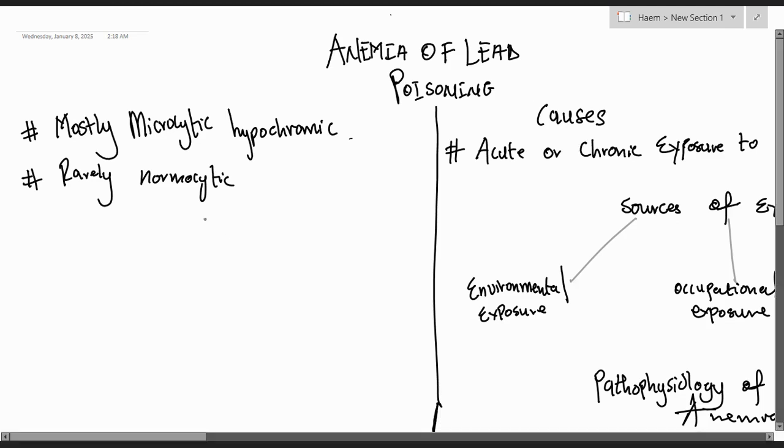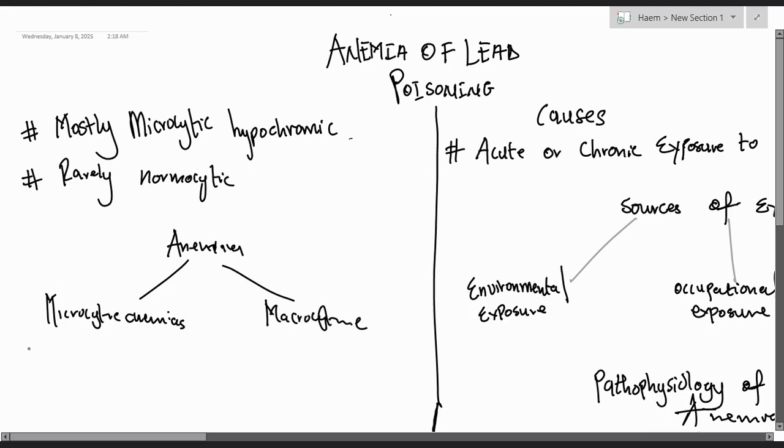So in our previous lecture, we said anemia can be categorized. So we have the microcytic anemias. Then we have the macrocytic or the megaloblastic.